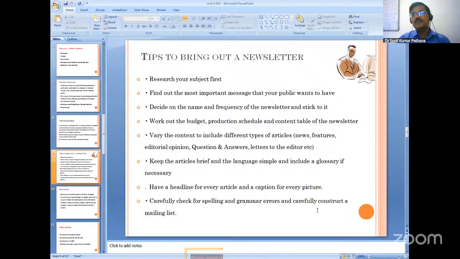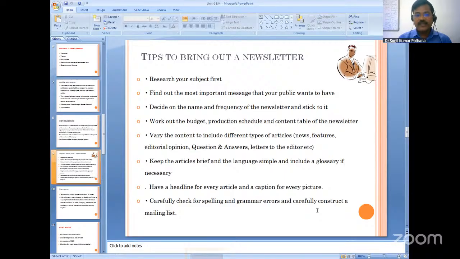We have a Sunday magazine in the newspaper, and the periodicity of the Sunday magazine is one week. Sometimes there are monthly newspapers and weekly newspapers and magazines. So that is the periodicity.